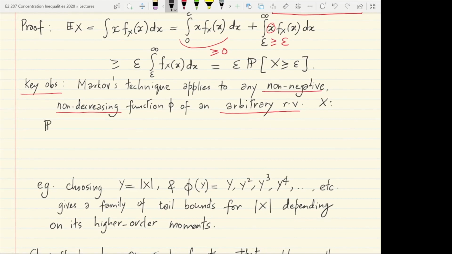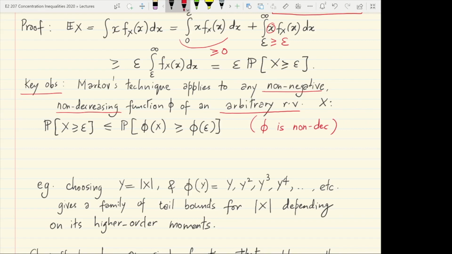If you are interested in finding the probability that X exceeds epsilon, this event implies that phi of X is at least phi of epsilon. This is because phi is non-decreasing, and further Markov's inequality can be applied here to give an upper bound of expected value of phi of X divided by phi of epsilon.